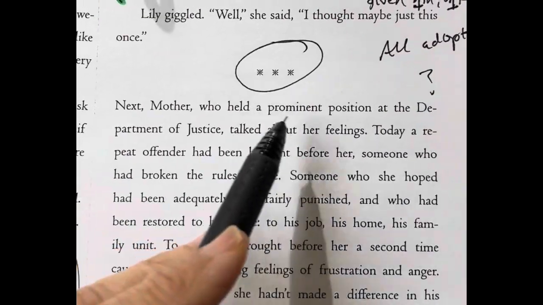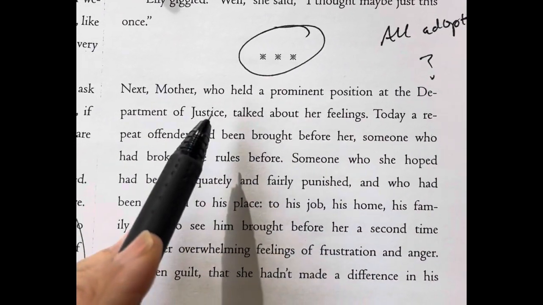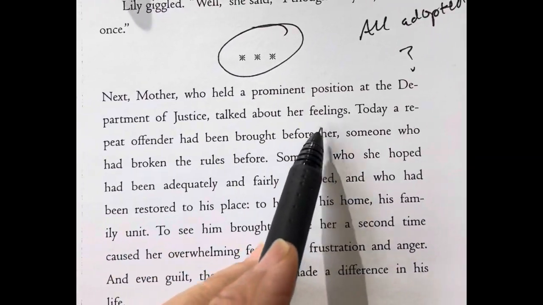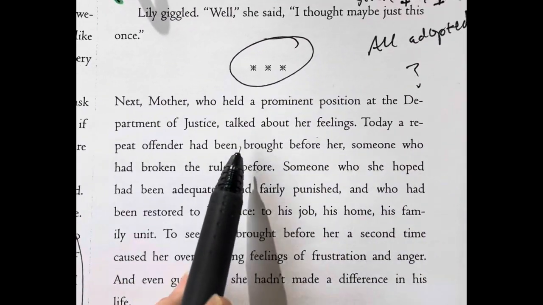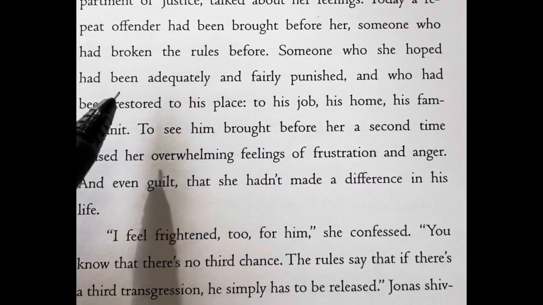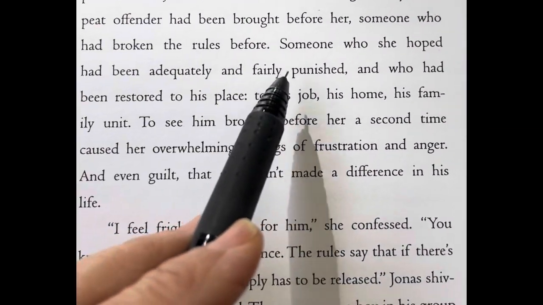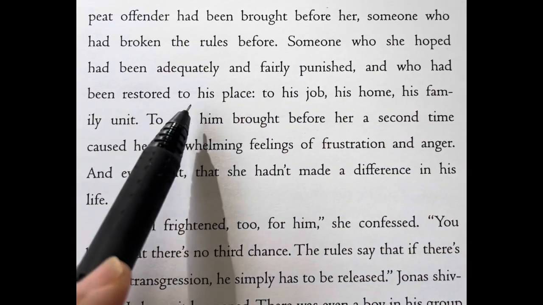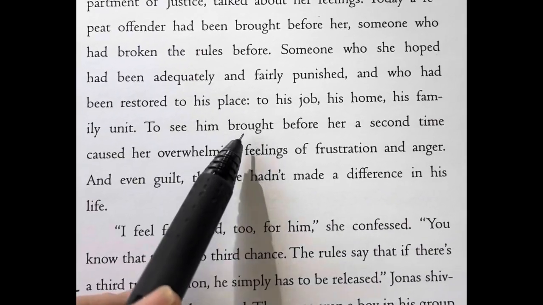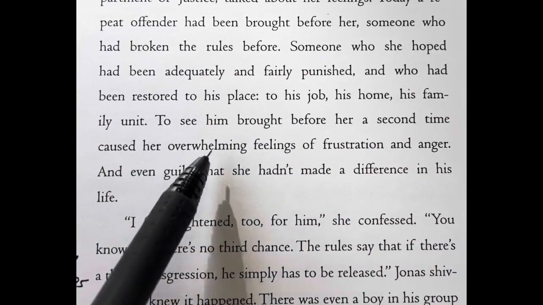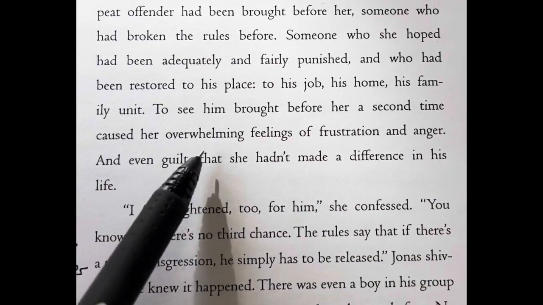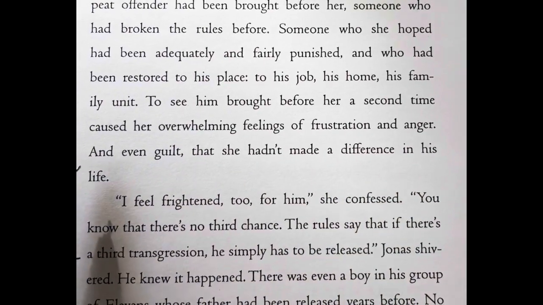Next mother, who held a prominent position at the Department of Justice, so like maybe a lawyer or judge or something, talked about her feelings. Today, a repeat offender had been brought before her, someone who had broken the rules before, someone who she hoped had been adequately and fairly punished and who had been restored to his place, to his job, his home, his family unit. To see him brought before her a second time caused her overwhelming feelings of frustration and anger, and even guilt that she hadn't made a difference in his life.